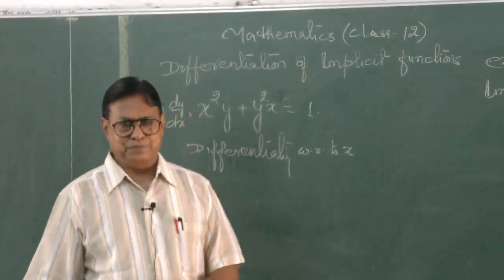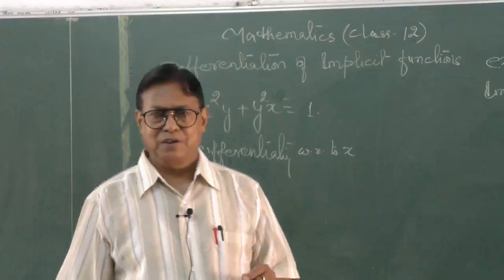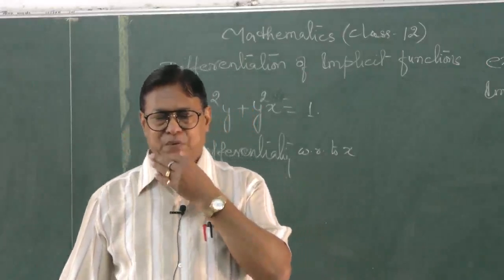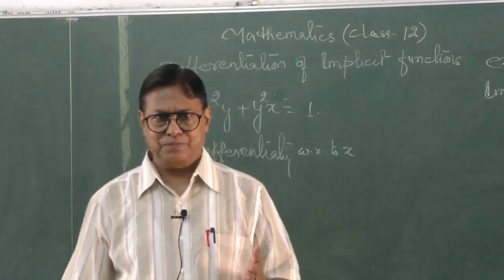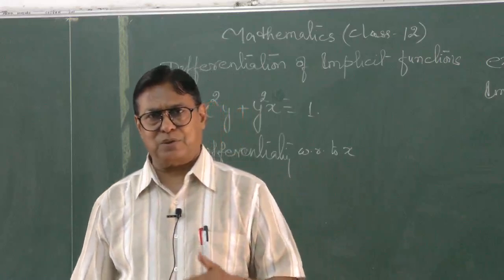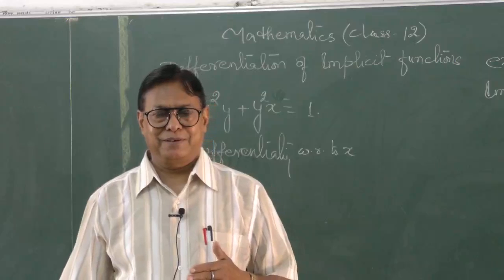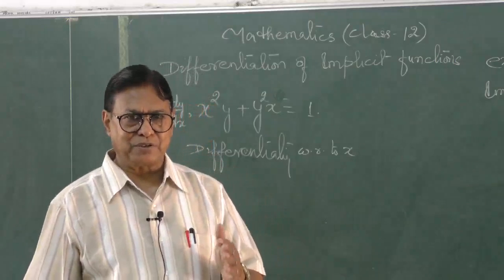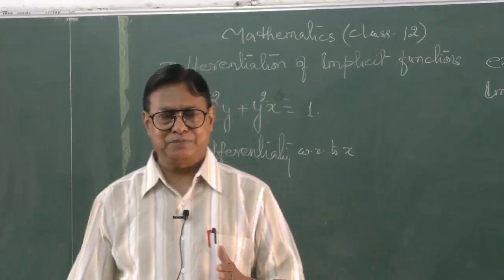Now, what we will do? We follow the same rules which we have followed earlier. If it is differentiation of x with respect to x, it will be 1. When it comes to x square, the differentiation is 2x. Differentiation of y square is 2y.